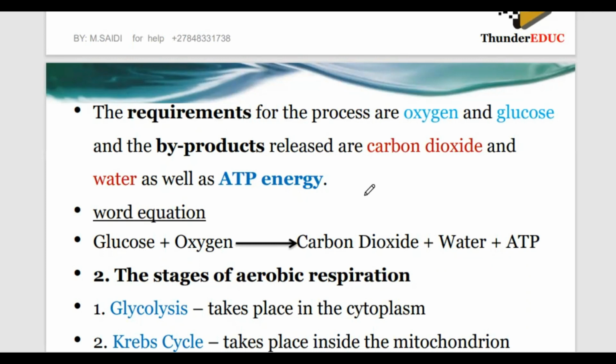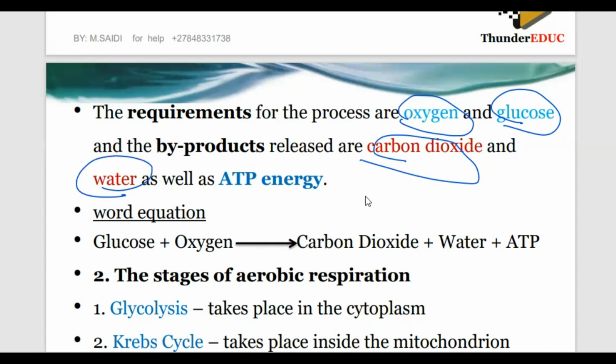So the products of photosynthesis are the raw materials for respiration, and the products of respiration are the raw materials for photosynthesis. Don't forget that in photosynthesis, you produce oxygen and glucose, and you have to use carbon dioxide and water for that process to take place.